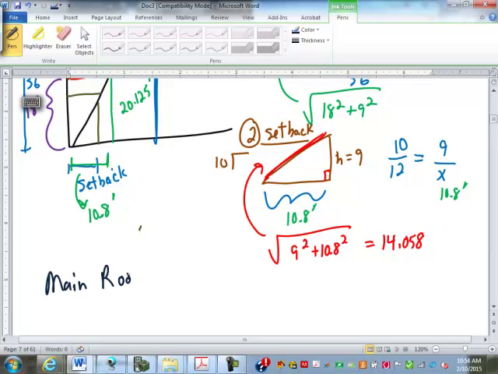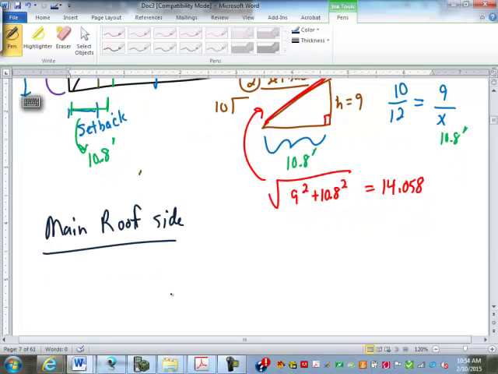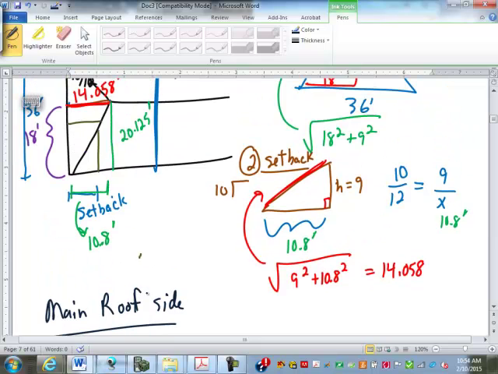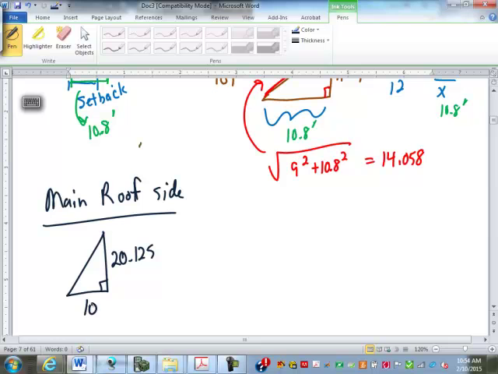So the third step gets broken down. On the main roof side, we have 20.125 and 10.8. The next one, this will be X, and this is going to be 8.8 if we're still having a 2-foot spacing, correct?